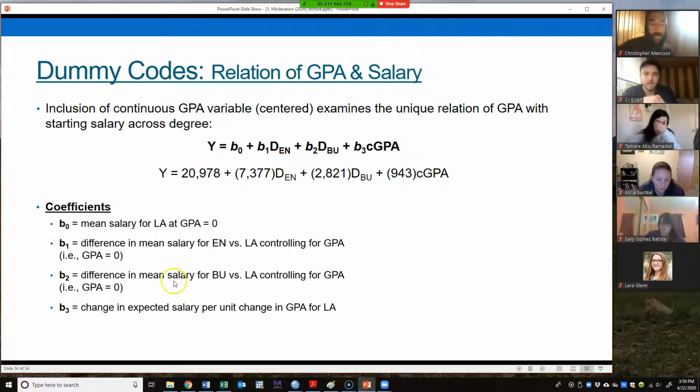My coefficient for business is the difference in mean salary for business and liberal arts, holding GPA constant at the mean. And then my B3 coefficient here, this is the change in expected salary per unit change in GPA for liberal arts. CJ, why is this specifically the change in expected salary per unit change in GPA, specifically for individuals with a liberal arts degree?